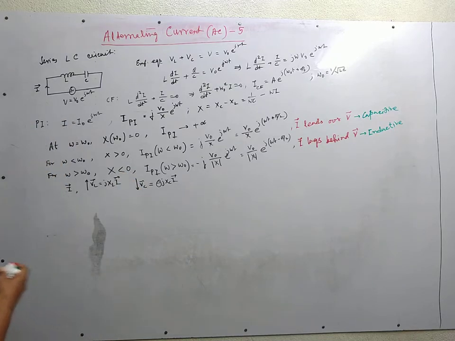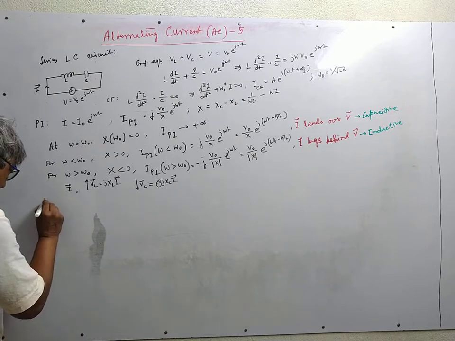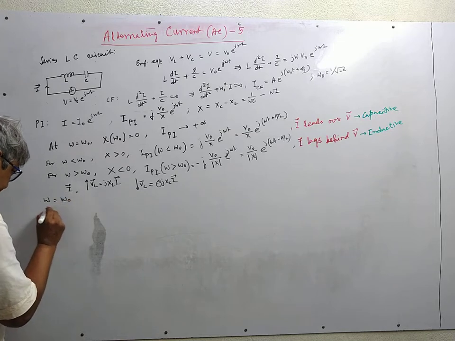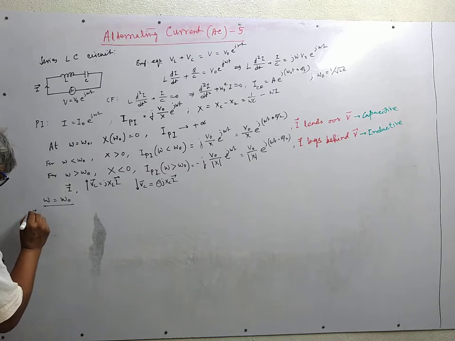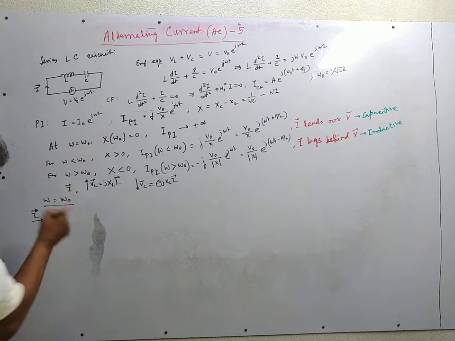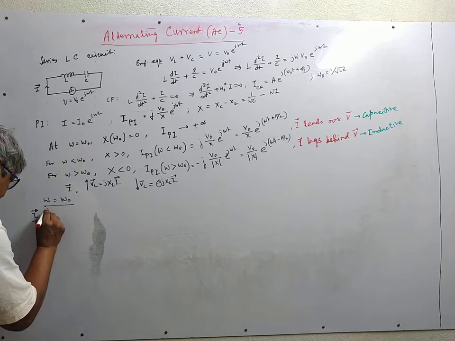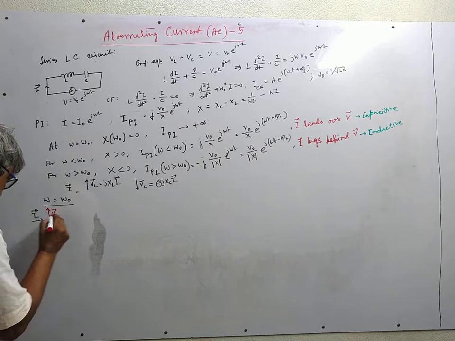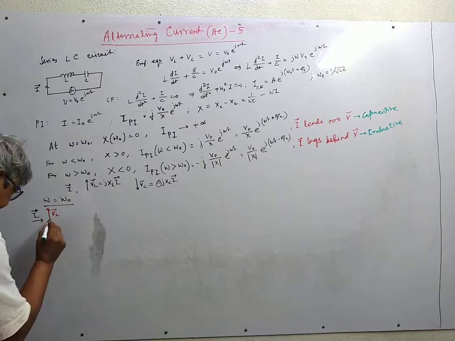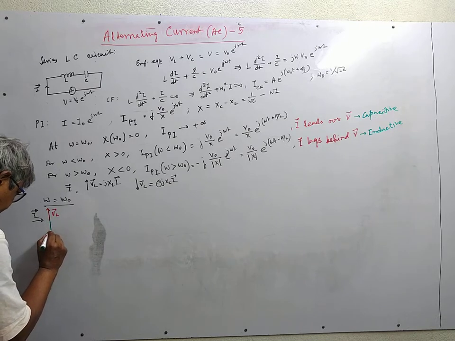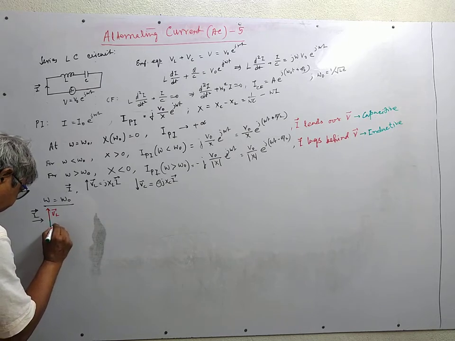So we'll draw the phasor diagram at omega equal to omega 0. This is the reference current phasor. This is the VL phasor, and this is the VC phasor, which are equal and opposite.